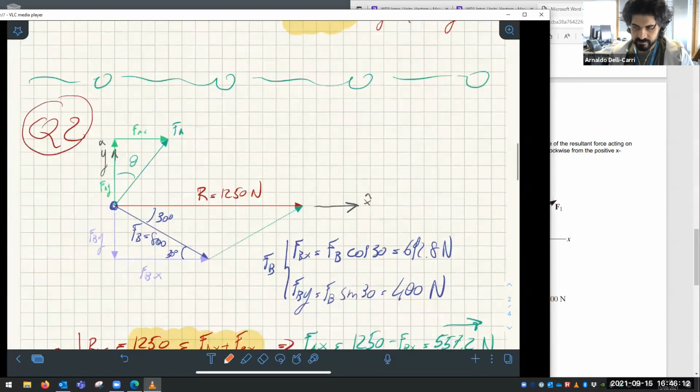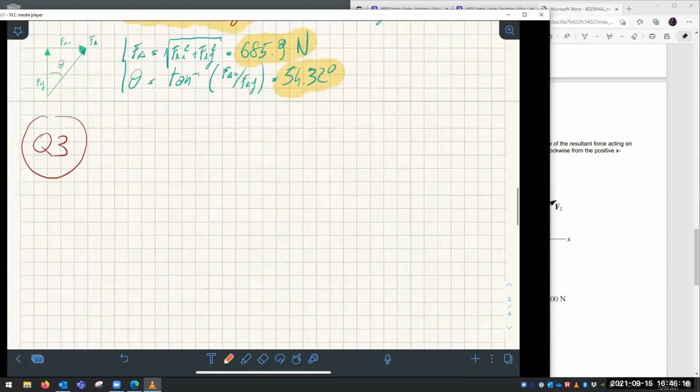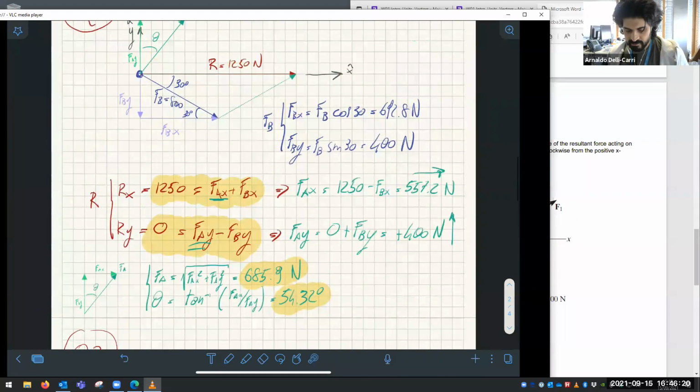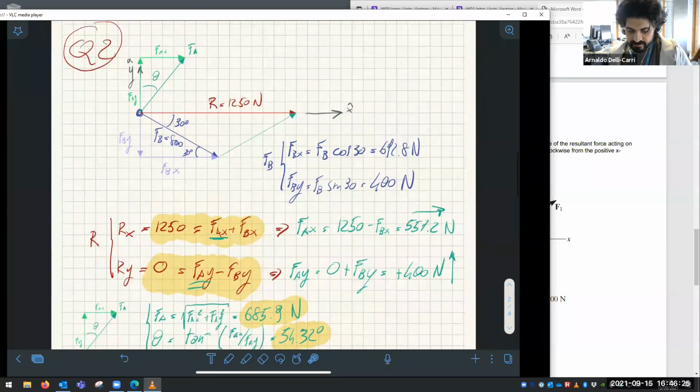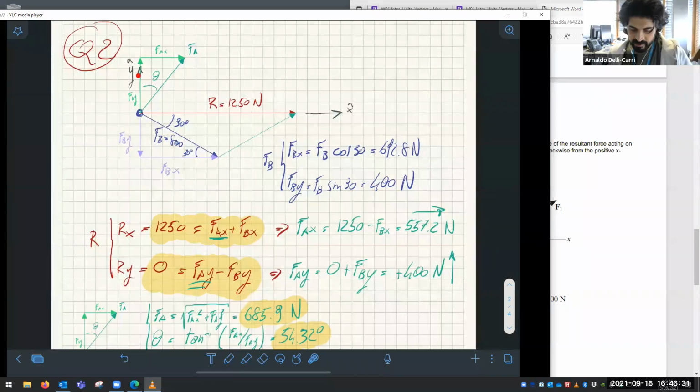Hello, sorry to interrupt. Yeah. So how did you get Ry equal to Fay minus Fby? So you know that the resultant force is the sum of the two components. So how did you get Fay positive 400 newtons? Because look at Fay. Fay is along the y-axis.